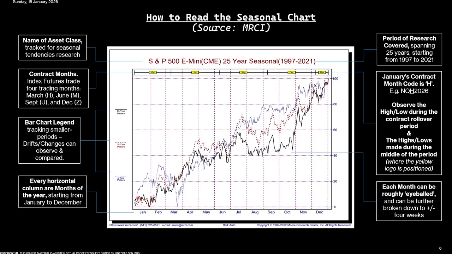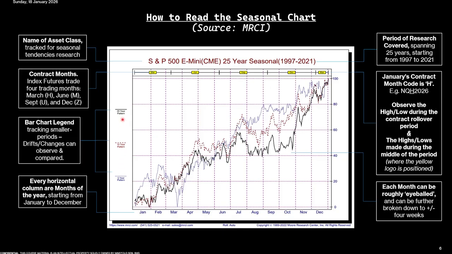So generally speaking, again, at the time of recording, we would expect, based on this seasonal chart, bearish price delivery towards the final weeks of the month of January.